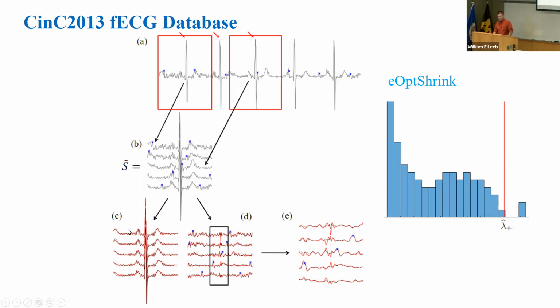Then we get the low rank data of the mother's part and this part for the fetal ECG and the background noise. There is a red line here and a black line here, where the red line uses the optimal shrinkage for white noise, and the black line uses our extended optimal shrinkage.